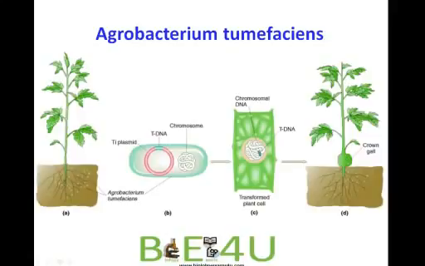Then the tDNA portion of the plasmid gets transferred and ultimately integrated into the plant genome. And this plasmid has genes that cause proliferation, ultimately resulting in the formation of crown gall, in which all the cells are capable of synthesizing opines. That is actually a food for Agrobacterium.